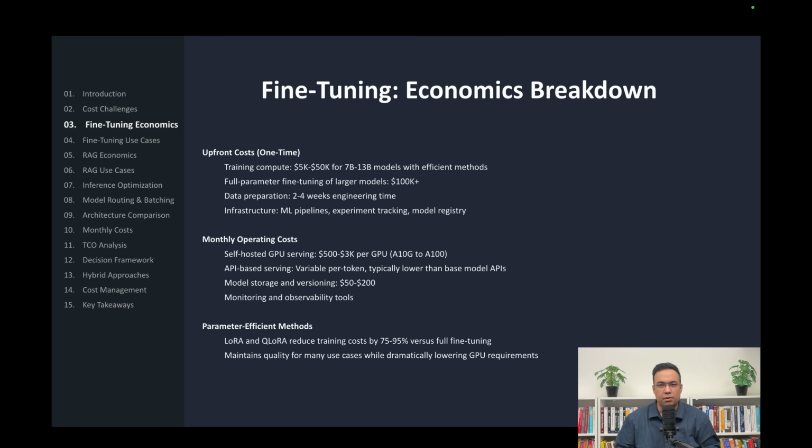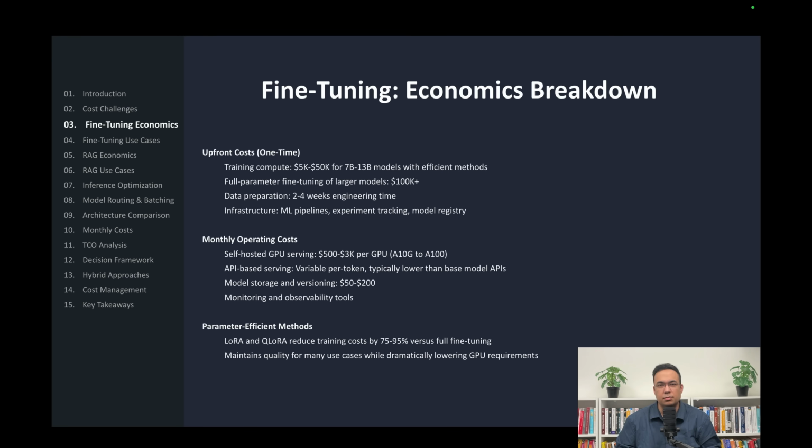The good news is that parameter-efficient methods like LoRA or QLoRA can reduce these training costs by 75% to 95% versus full fine-tuning, while maintaining quality for many of the use cases as well. This is because they dramatically lower the GPU and memory requirements by only training a small subset of parameters. You also have data preparation time, which is typically 2 to 4 weeks of engineering time.